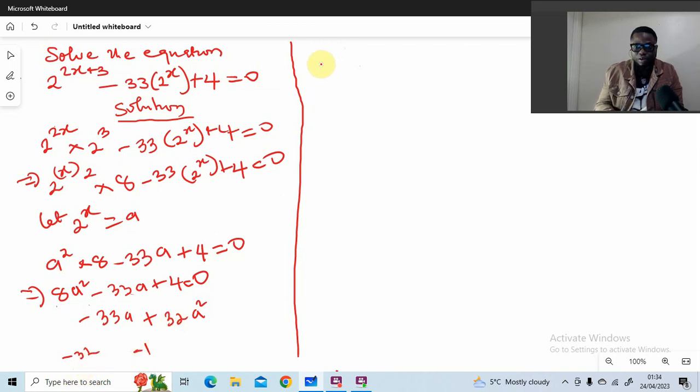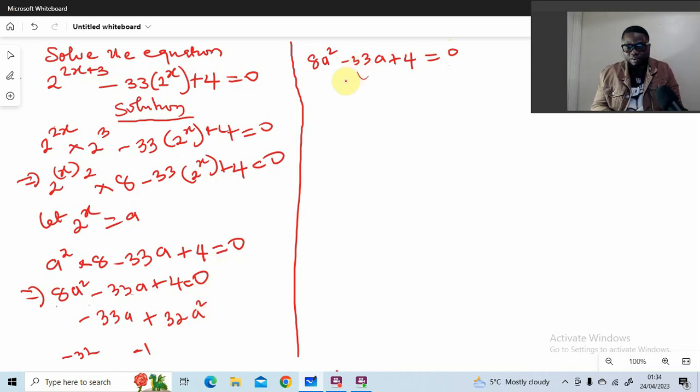So here now, I will recall back the original quadratic equation, which is 8a squared minus 33a plus 4 equal to 0. So what I need to do is to replace the middle term with these two numbers. And remember, we're dealing with a as the variable. So I'm going to multiply the two numbers with the variable a.